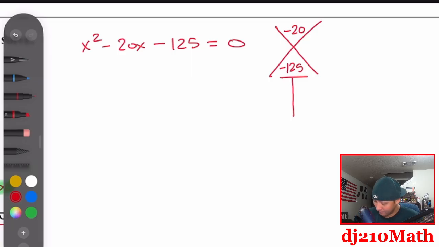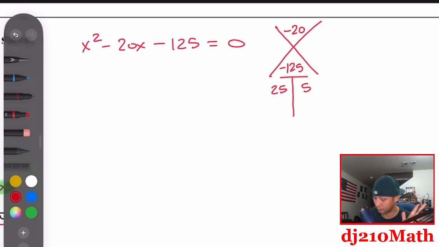This one's not that bad. I say that and you're like, what? It's because 25 times 5: 25, 50, 75, 100, 125.